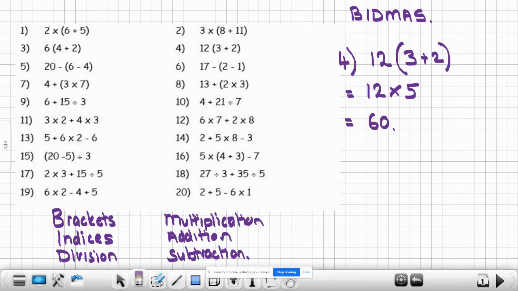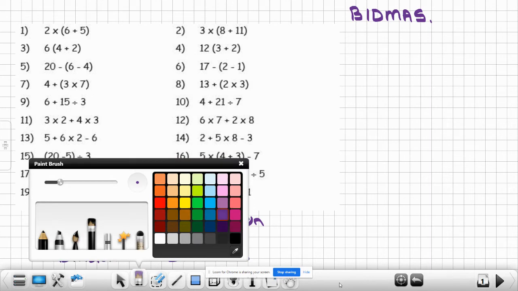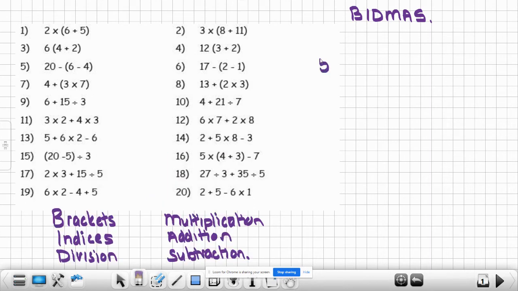Okay, let's try the next. Remember to pause if you want to have a go. So question 5, we've got 20 minus, and then in brackets 6 minus 4. Now here the brackets aren't going to mean multiplication because we've got a sign outside telling us what we need to do.